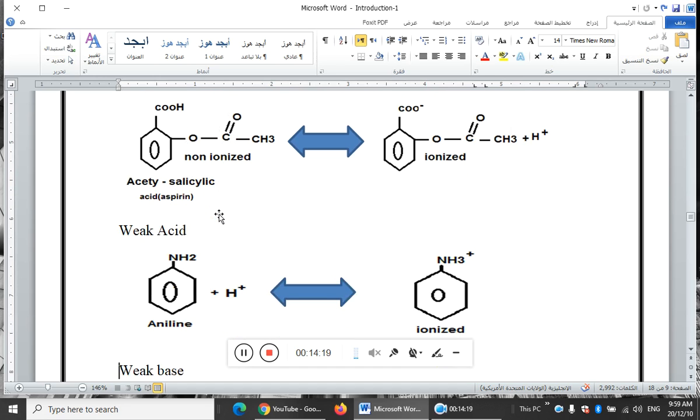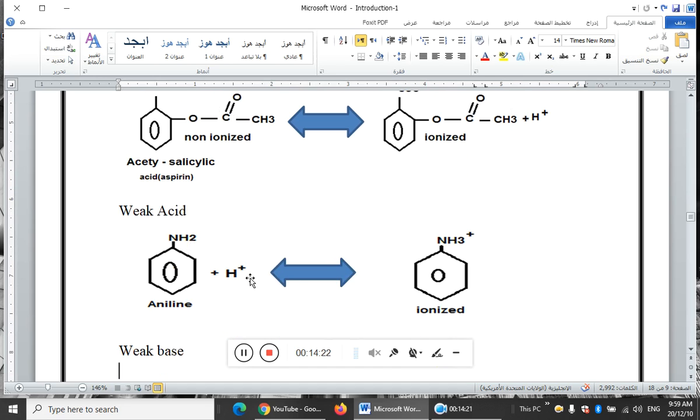While in aniline, when it is in acidic media, there is a lot of hydrogen, it will get one of these ions and become ionized. So when the aniline is in basic media, and there is a small amount of hydrogen ion, it will stay non-ionized.